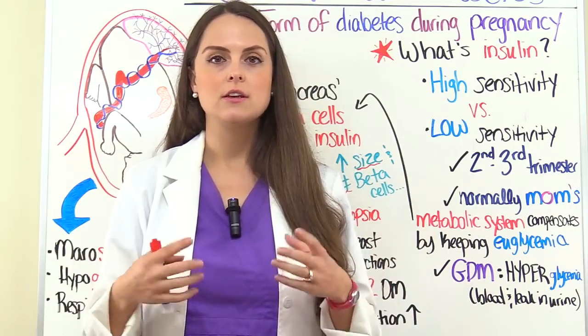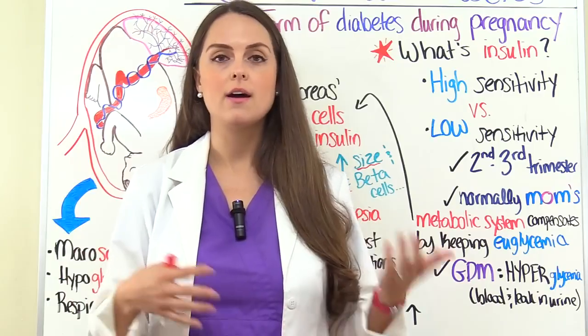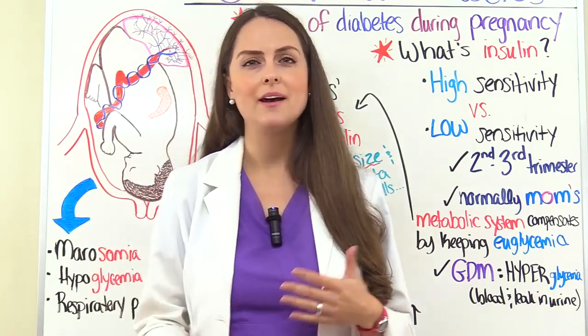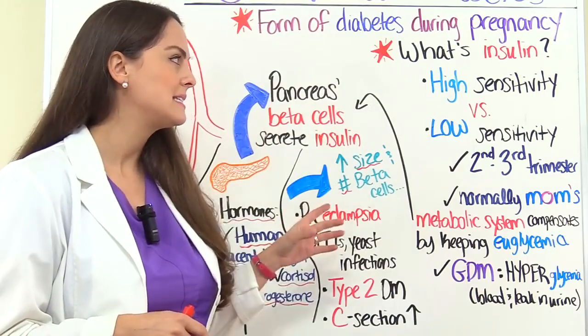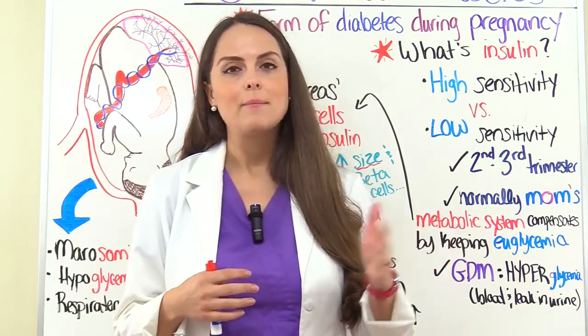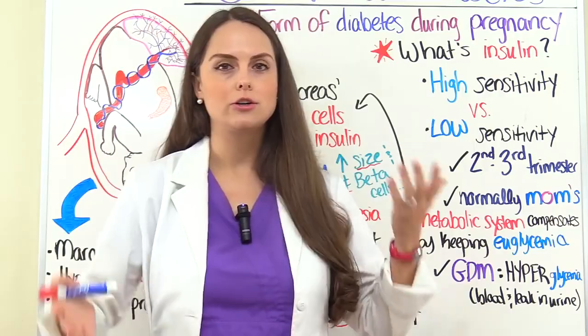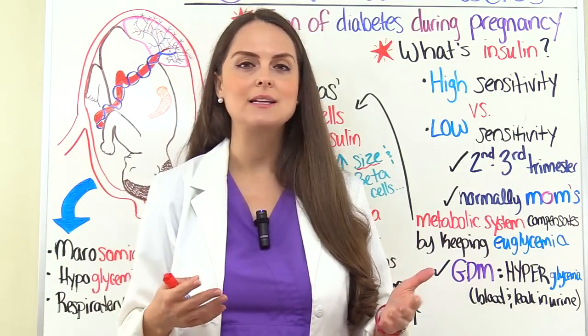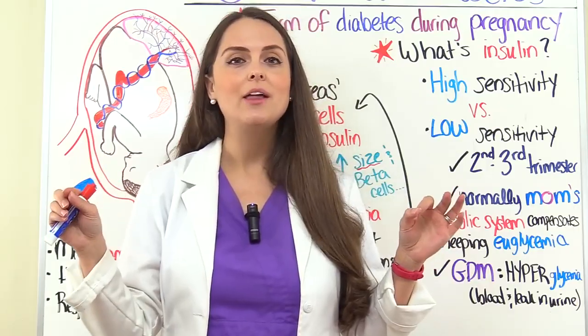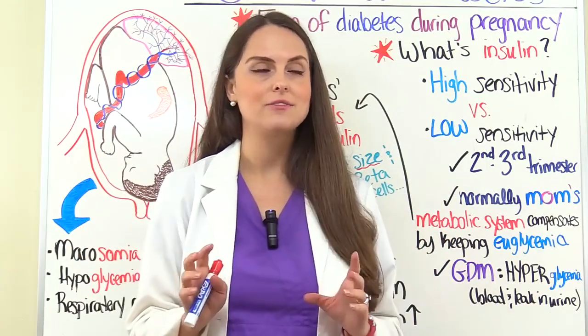So the glucose goes into those cells, helps with the growth of adipose tissue. Now, mama will probably have some side effects of this high insulin sensitivity, because she has those blood sugar shifts where she feels really nauseated, weak, tired, the hypoglycemia from glucose leaving her blood and going into the cells.